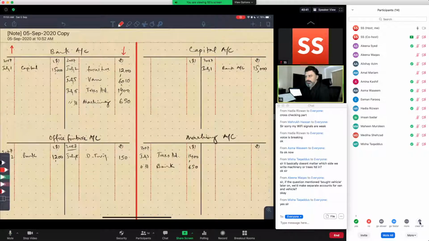How do we know? Because bank by nature is an asset, and all assets inherently represent debit nature. If some account has a debit nature, then the debit side represents increase and credit side represents decrease. Right, Amal? Amal, आपने नहीं दिया feedback? Okay, good.